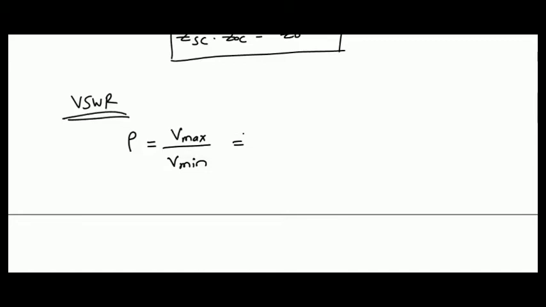I have to find the values of Vmax and Vmin. I am just giving you the values for the time being; we need not go into the derivations now. So Vmax is V plus into 1 plus mod of tau L. This is the maximum voltage on a transmission line, because energy is being transferred in the form of voltages and currents on a transmission line.